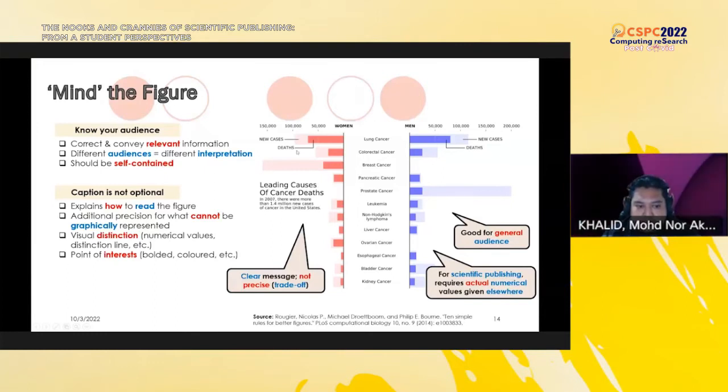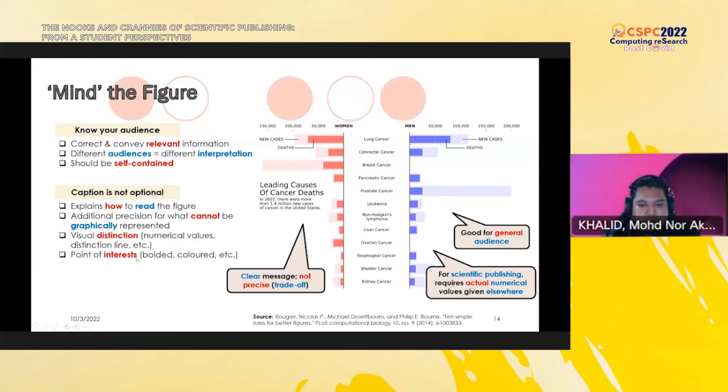I don't know, right? So you need to give a clear numerical value and distinction lines, for example like this one, the 50,000 mark, you have a distinction line. Okay, 10,000, 100,000 mark have a distinction line.